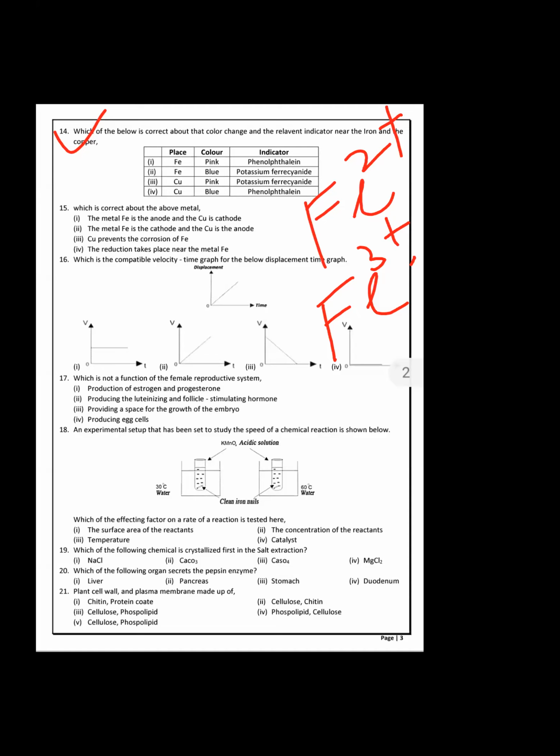They have given the experiment. The first is the correct answer. Fe becomes pink with phenolphthalein.